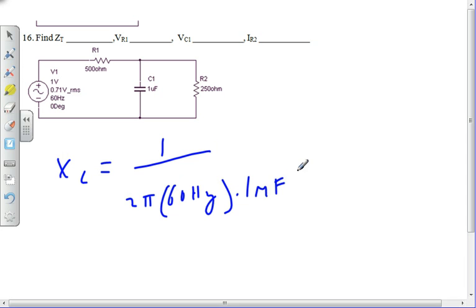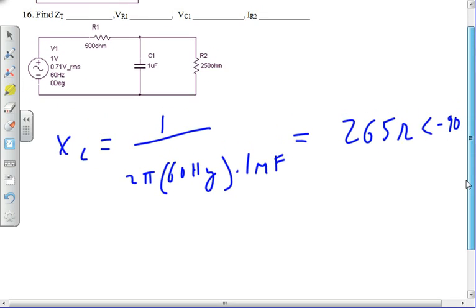Didn't we just do that one? Yeah. 265 ohms, right? This is going to be angle minus 90 because we're going to have that.